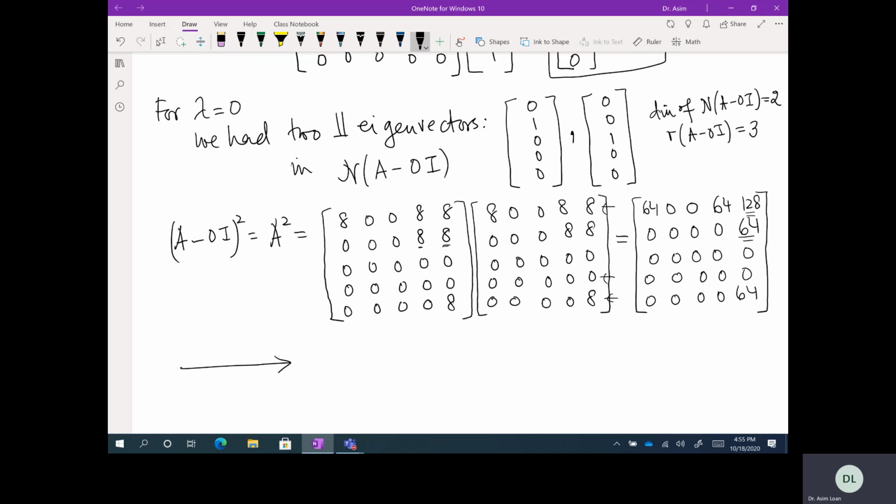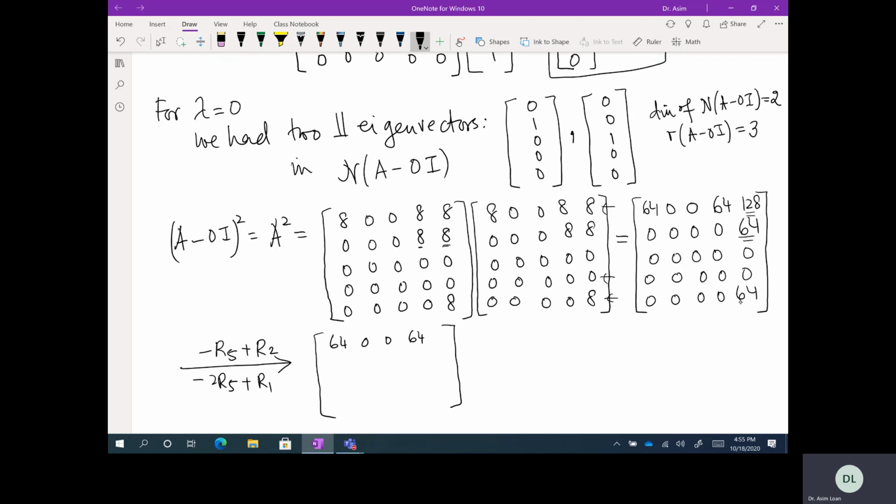So I do row echelon form. I say minus row 5 plus row 2, and I do minus 2 times row 5 plus row 1. So this will become 64, 0, 0. This will still be 64.